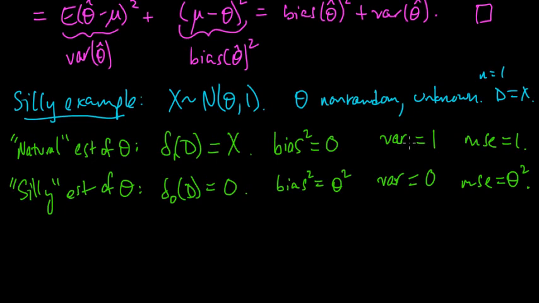Now, an interesting question that might occur to you is, this natural estimate had 0 bias. I wonder if there's a way to introduce a little bit of bias and reduce our variance by more than we increase the bias.